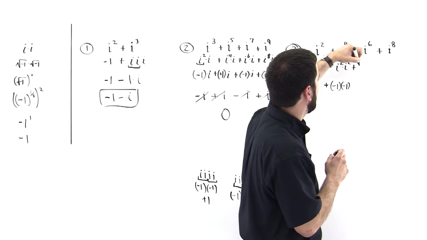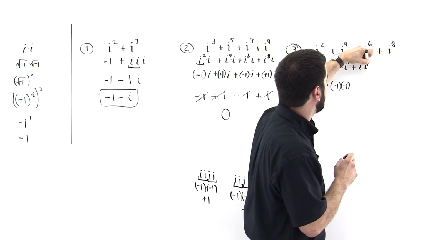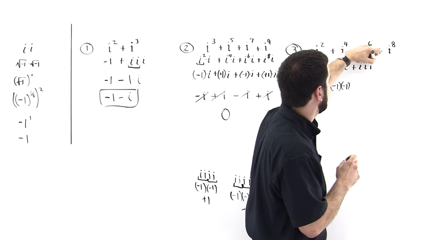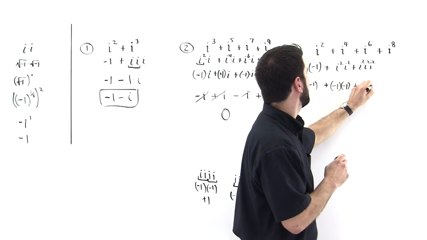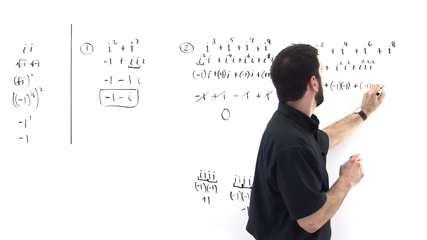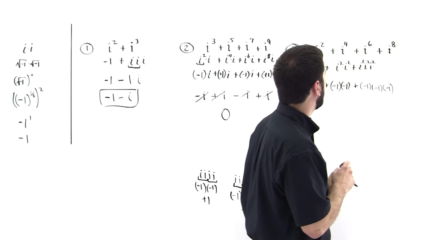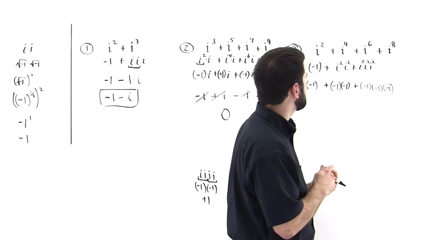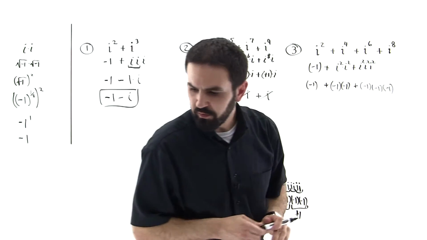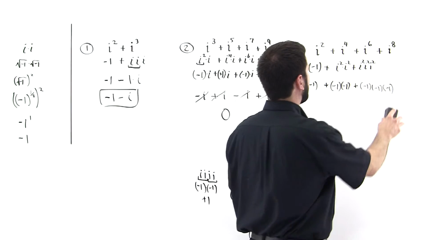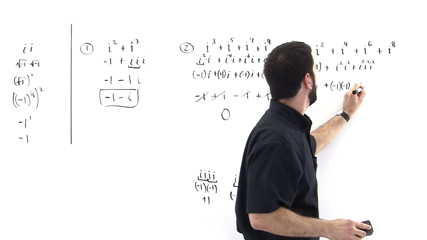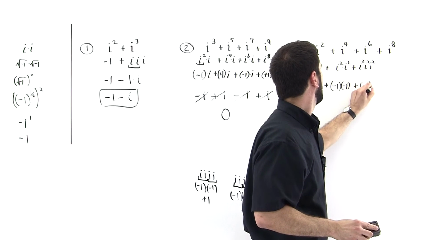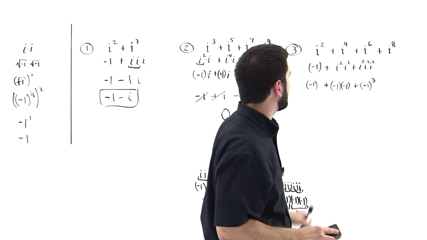There's 3 pairs. And so you have negative 1 times negative 1 times negative 1. I'm going to end up running out of space. So this is just negative 1 cubed.